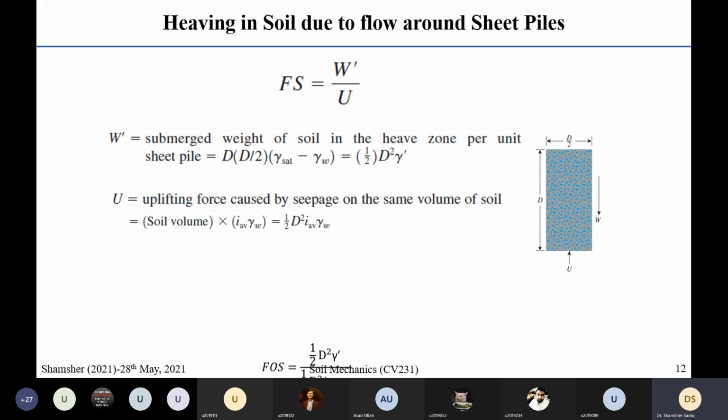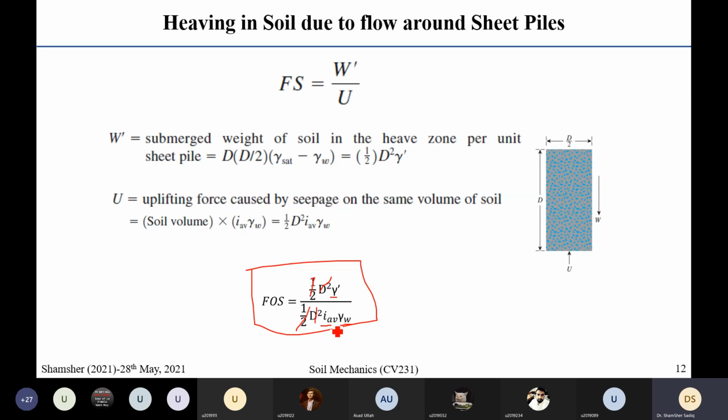Okay, so simply this is the factor of safety equation. If I summarize, this will be cancelled, d square will be cancelled. So there will be only gamma dash divided by gamma w divided by I average. Now who would like to tell me what is gamma dash by gamma w?